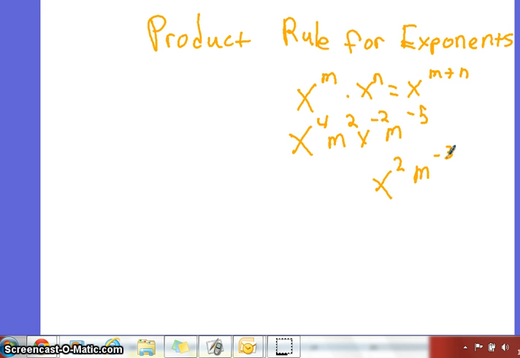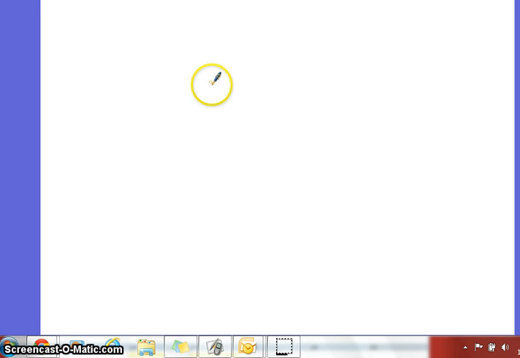Now, occasionally you're going to end up with 0 exponents. 1 equals 4 squared over 4 squared. A non-zero number divided by itself equals 1, right? If you divided 4 squared by 4 squared, you get 1, because 4 squared is 16, and 16 divided by 16 is 1, right? All right.